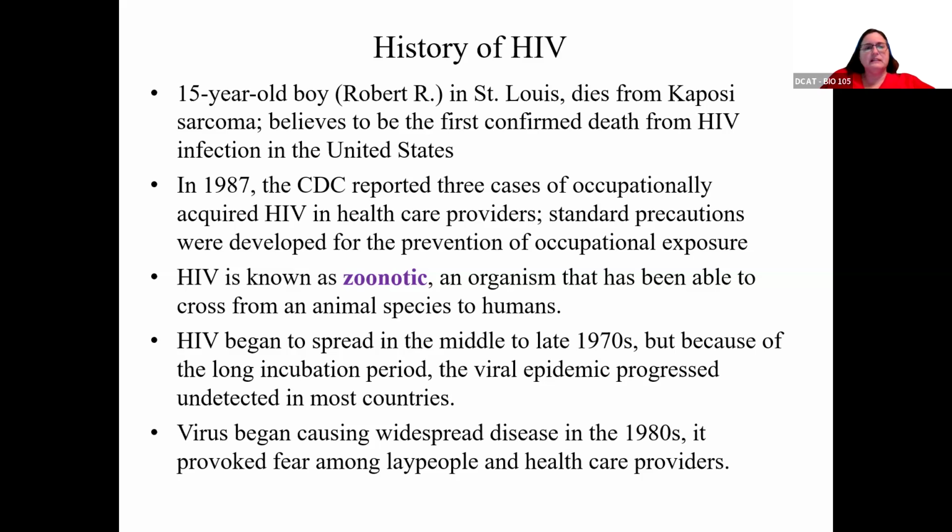So HIV is known as a zoonotic organism. So what does zoo mean? When I say zoo, I think of animals, right? I'm gonna go to the zoo and I'm gonna see animals. So what this means is that it's an organism that has been able to cross from animal species to humans, okay?